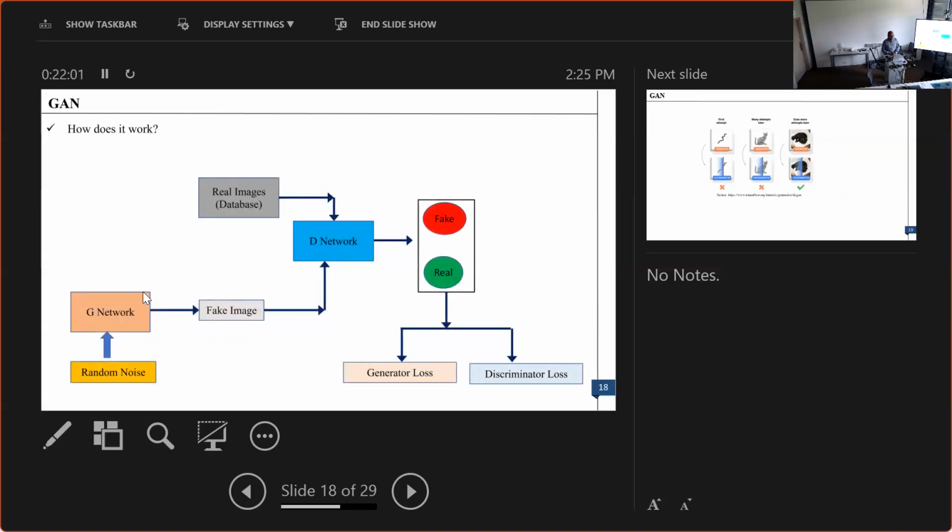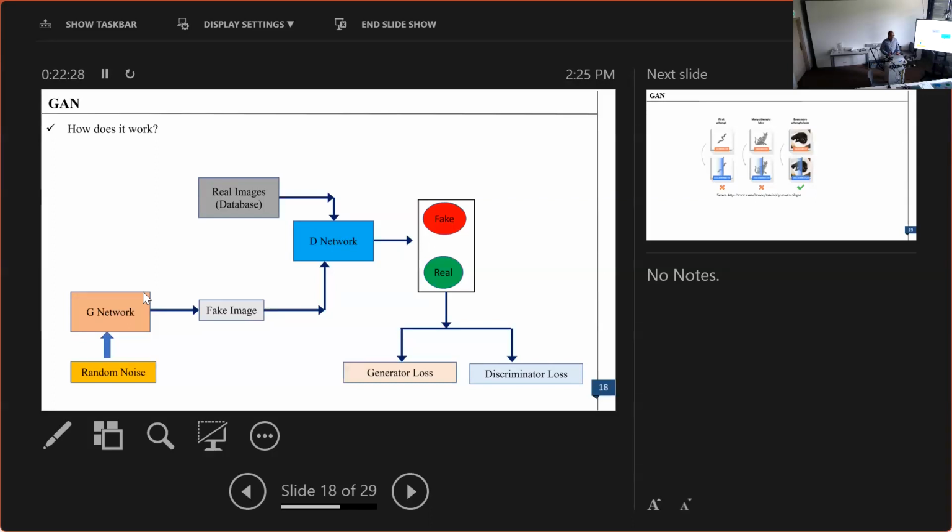So let's see how GAN works. As I mentioned, we have two networks. The first network is a generator, and the second one is a discriminator. The input of the generator is random noise. The idea is we need to feed random noise to the generator, and the generator should convert this noise to fake images.